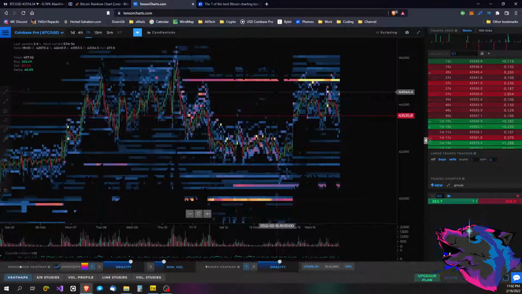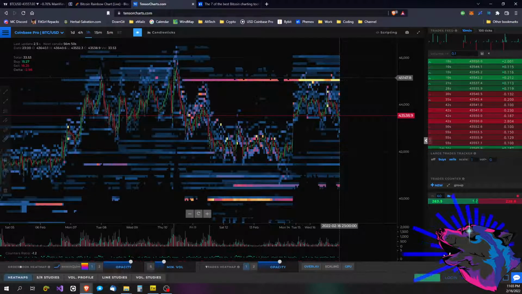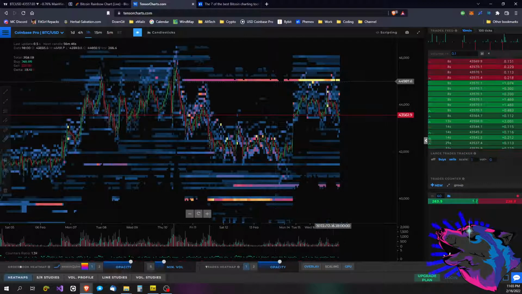So looking at this, you might think, okay, here's our current price where this red line is. We have a ton of orders on the books up here. So I would think that if we do pull up here, we're going to run into a lot of sell orders because there's what they call a wall on the books.